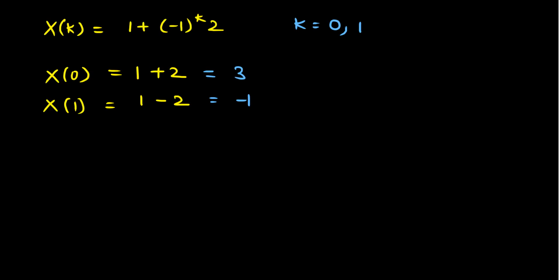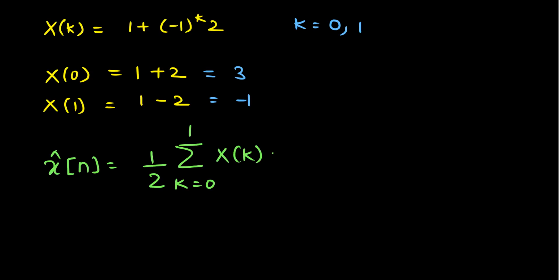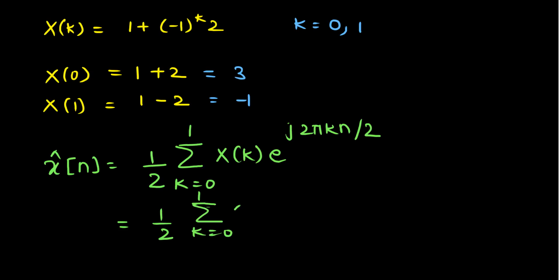So now let us try finding out the inverse DFT, and for that we know that it is given as x hat of n equal to 1 by 2 summation k running from 0 to N minus 1, that is 1, X of k into e to the power j 2 pi k n by 2, which is equal to 1 by 2 summation k running from 0 to 1 X of k into e to the power j pi k n.